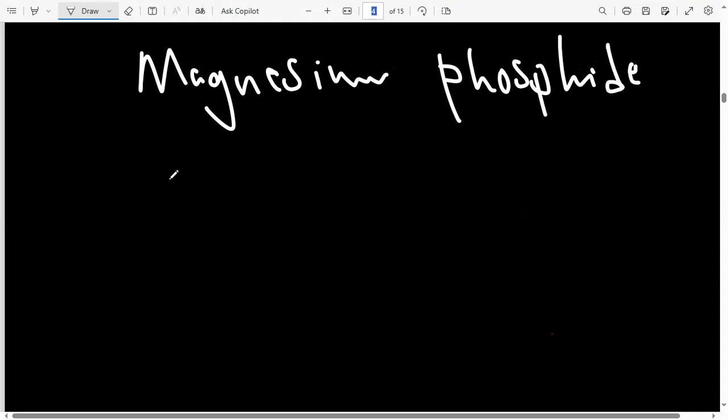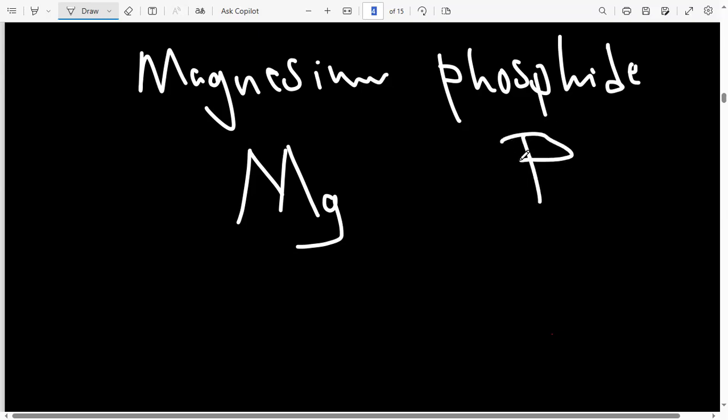Okay. All right, so this here is magnesium. Magnesium has the chemical symbol of M and then a small letter g. And then this is phosphide, so meaning it's coming from phosphorus, right? Phosphorus has a chemical symbol of P like that. Okay, and then from there, what do we need to do? We just have to find their valences, or the charges that they form when they are ions.